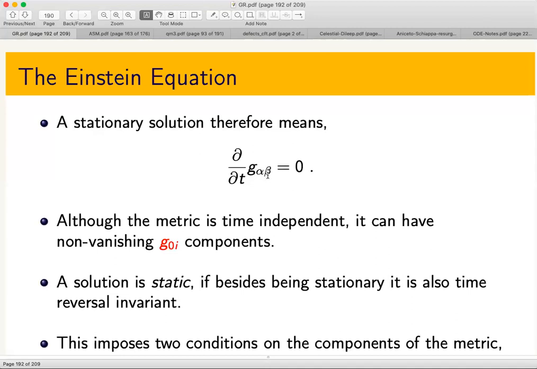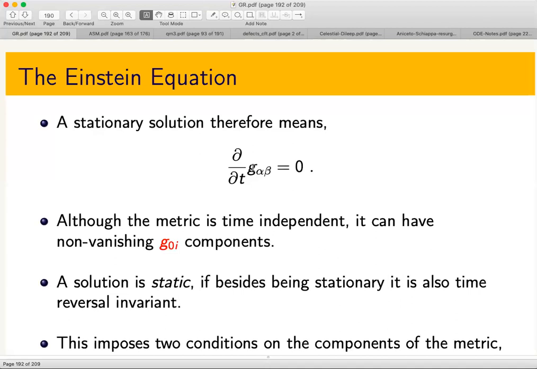It can be G00, G0I, Gij, anything is allowed. All of them have only one property: if you take their time derivatives, they vanish. So you may have G0I non-zero, which may be just constant, or may be a function of spatial coordinates, but not a function of time. That will satisfy this condition.